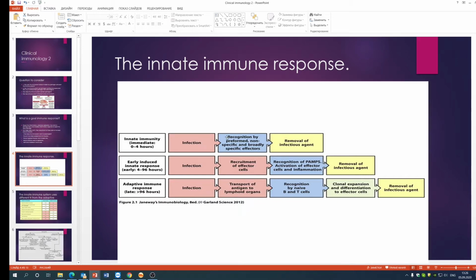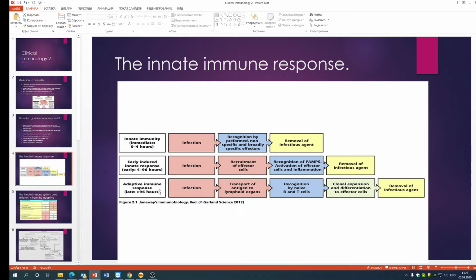If the infected areas are more spread, the early induced phase of innate response continues to 96 hours, up to 4 days, resulting in recruitment of effector cells, recognition of PAMPs, pathogen associated molecular patterns, activation of effector cells and inflammation, and removal of the infectious agent.